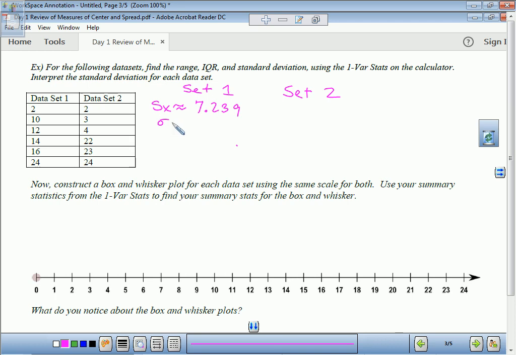What would the population standard deviation be? 6.608. Awesome. Okay, gentlemen, set 2. What did you find the sample standard deviation to be? 10.991? Okay, and what about the population standard deviation?